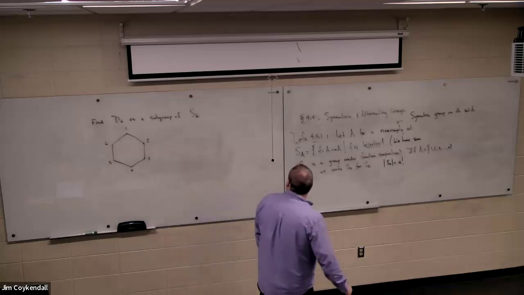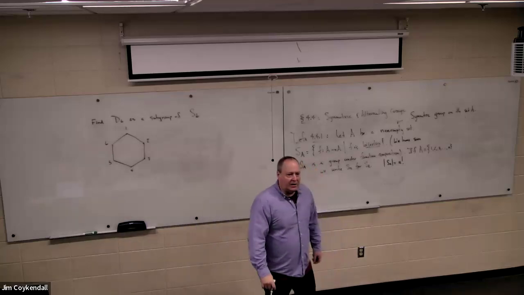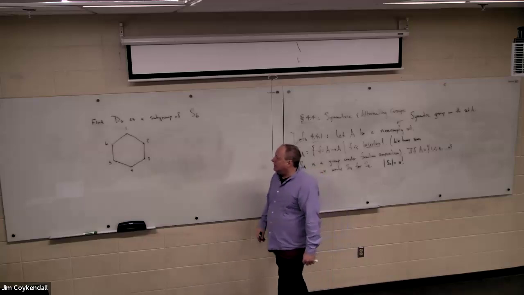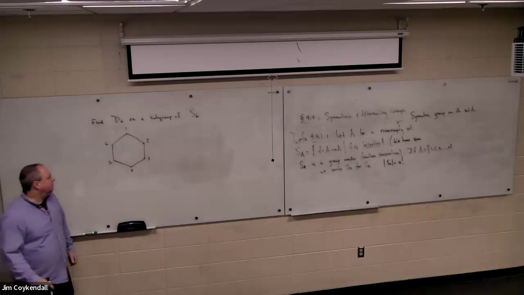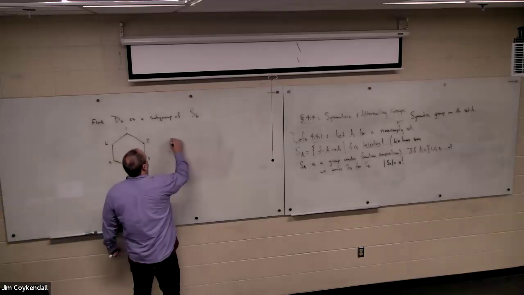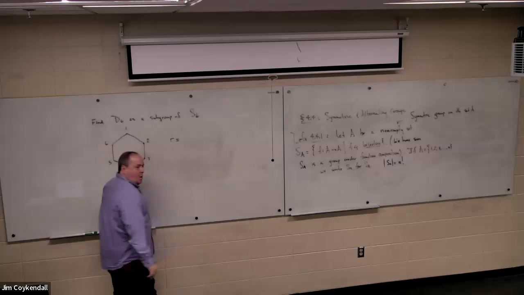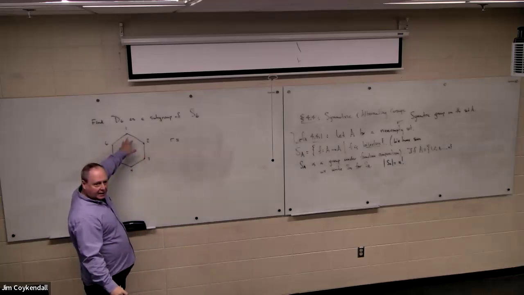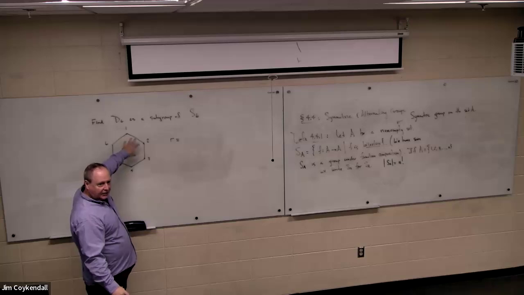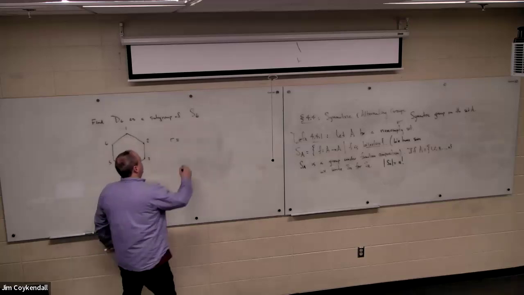Okay, one thing that I can do to that hexagon is I can rotate it clockwise by however many 60 degrees, right? What permutation of these six numbers do I get if I rotate it 60 degrees clockwise?